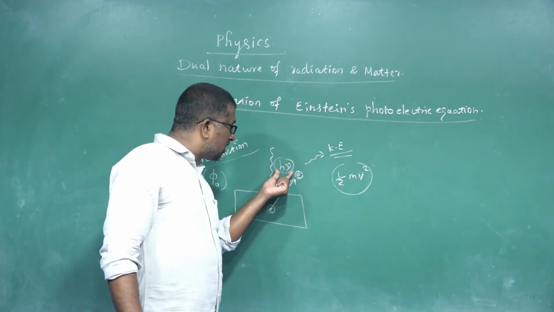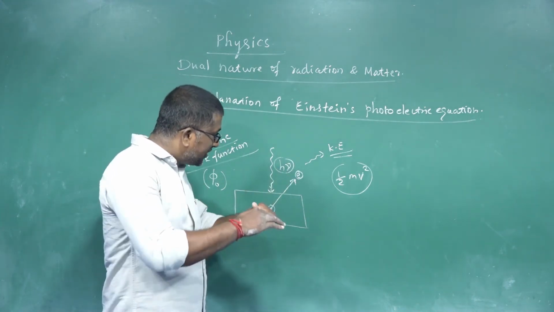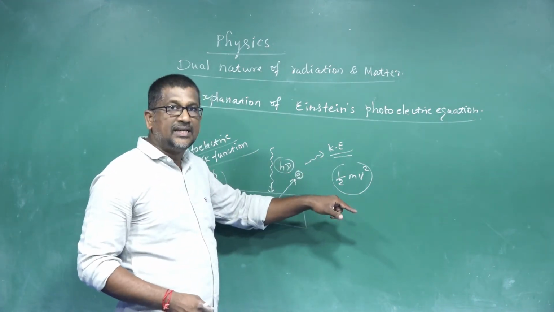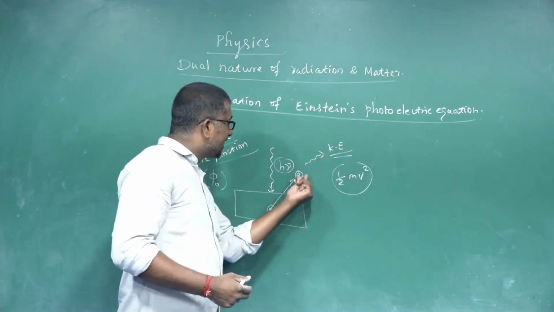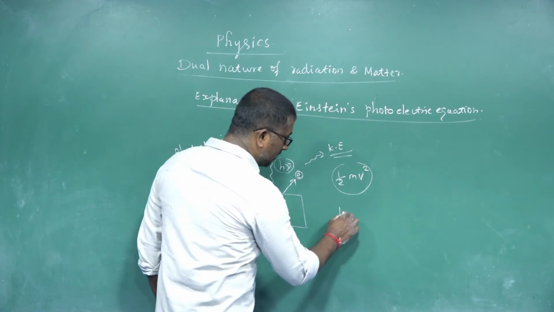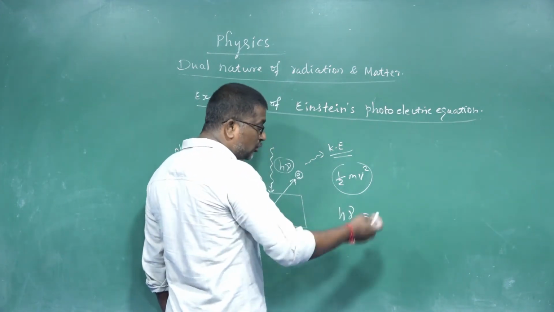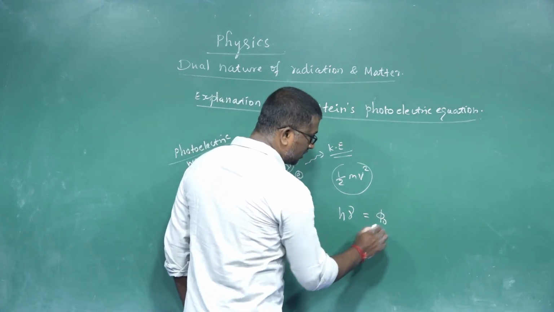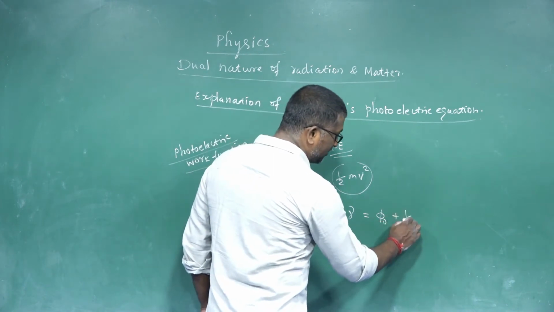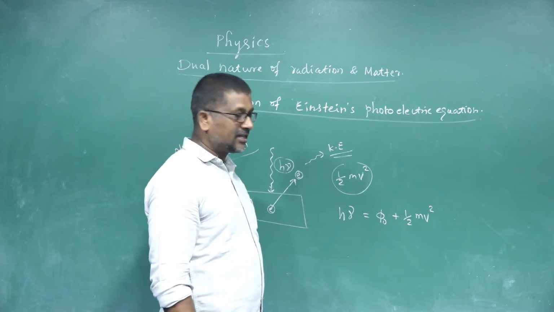From this total energy of the photon, a part is used to extract the electron from the metal surface, and the remaining part is converted into kinetic energy of the emitted electron. The total energy of the photon is h nu, which is used up in two ways: one part is the photoelectric work function of the metal, and the remaining part is the kinetic energy of the emitted electron.